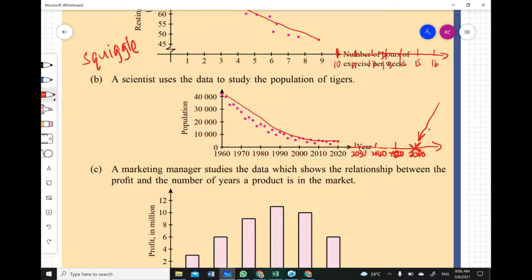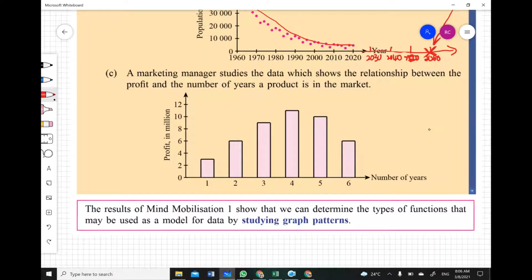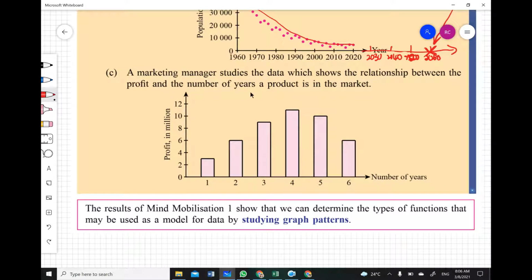Okay, now we look at C. A marketing manager studies the data which shows the relationship between the profit and the numbers of years a product is in the market. So this is the number of years, okay, first year, second year, third year, fourth, fifth, and sixth years. And then the profit in millions.